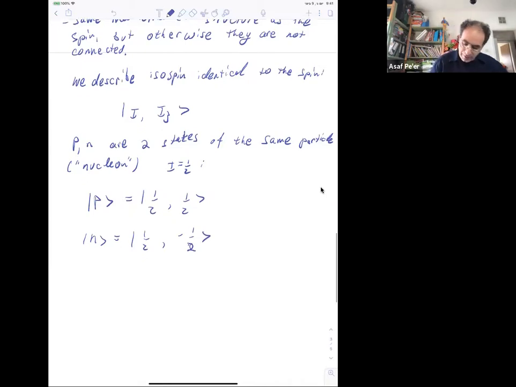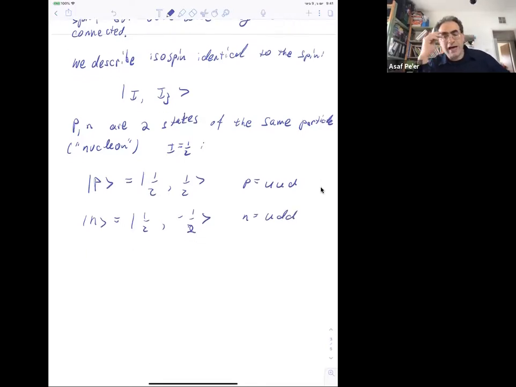Because we know that P is made of 2 ups and 1 down, and N is made of up and 2 downs. So we can define the up and down state in the same way as we define the proton and neutron state, and use these to construct the hadrons, right? The baryons and the mesons, right?